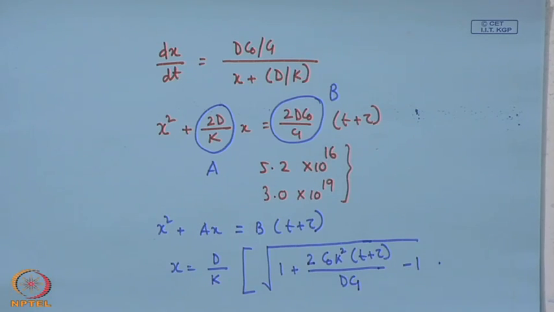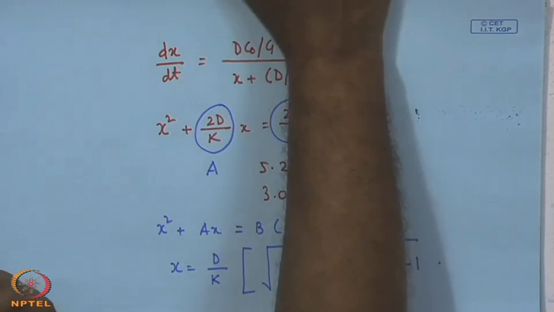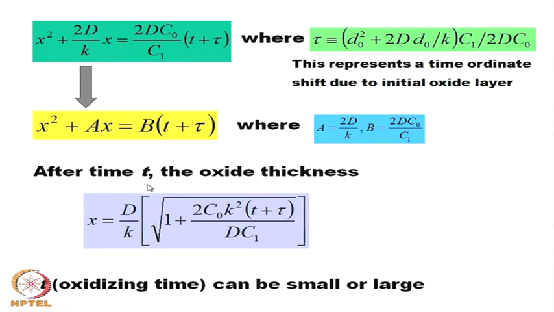So this is the value of the oxide thickness after time t. So this t, that means how long we are oxidizing the material, in this case the silicon, depending on how much it is, we can have t larger or t smaller. So we shall discuss both the cases when t is large or when t is small.